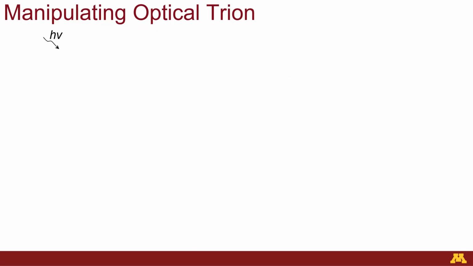Optical trions are something that you can generate with external excitation of a photon that matches the band gap. If you shine the material with a photon that has a similar energy to the band gap, you will temporarily excite an electron-hole pair called an exciton, and that exciton through dipole coupling can couple to one of the electrons originally inside your quantum dot to form a trion state.